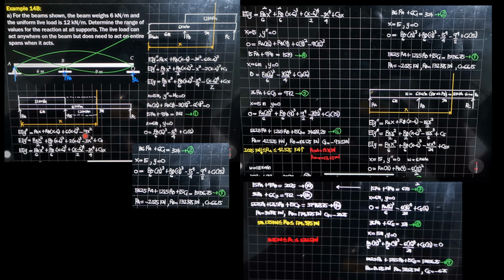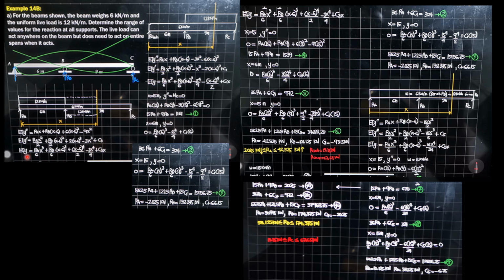So that's minus 9X squared. Integrating once, EI y prime equals RA X squared over 2 plus RB over 2 X minus 6 squared, then plus 6 X minus 6 cubed over 3. So 6 over 3 is 2, quantity X minus 6 cubed. Then 9 over 3 is 3. So minus 3X cubed plus C sub 3.